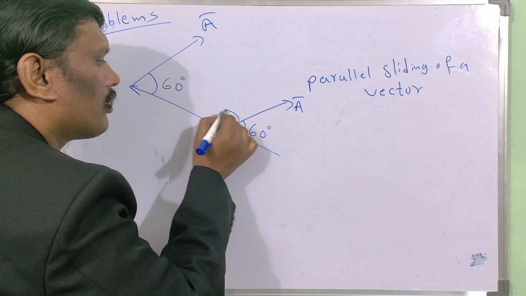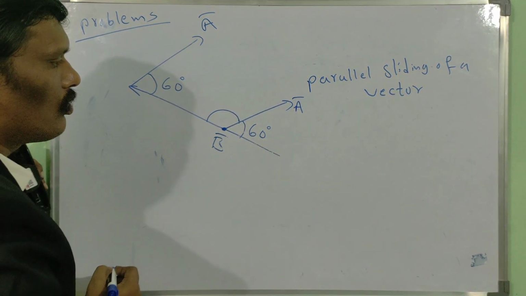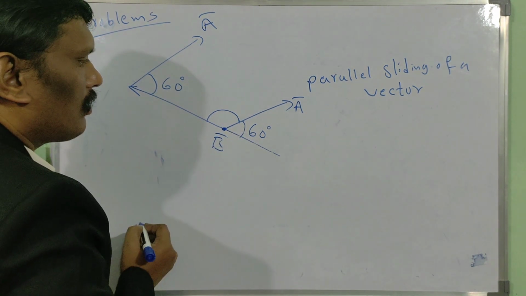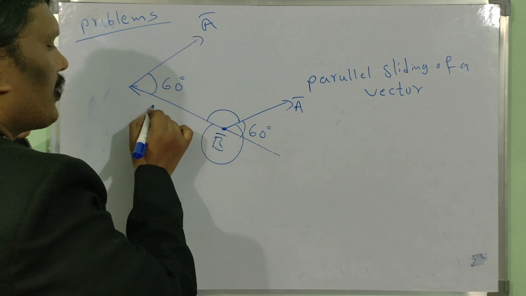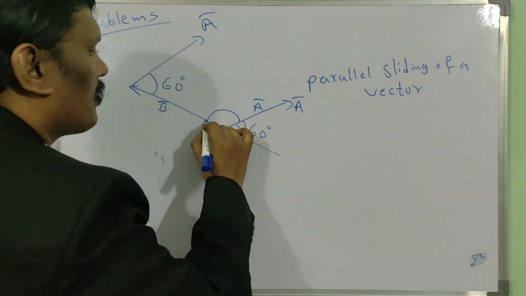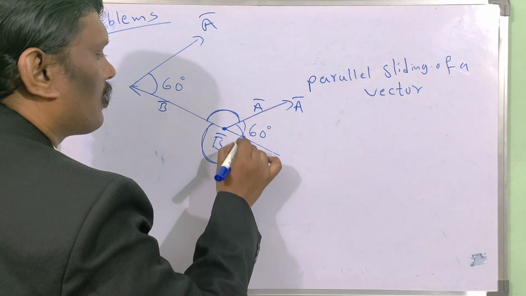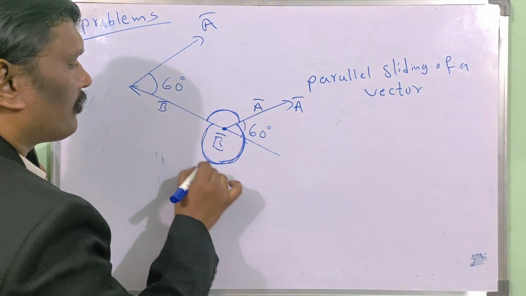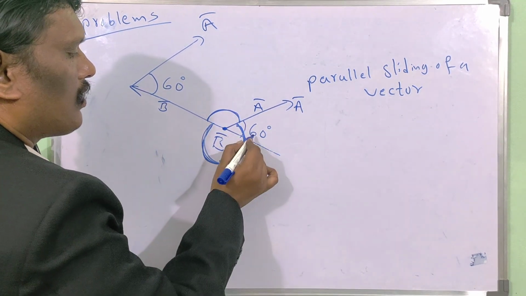Check it. This is one angle, and this is the other angle between vectors B bar and A bar. This angle is 60 degrees.